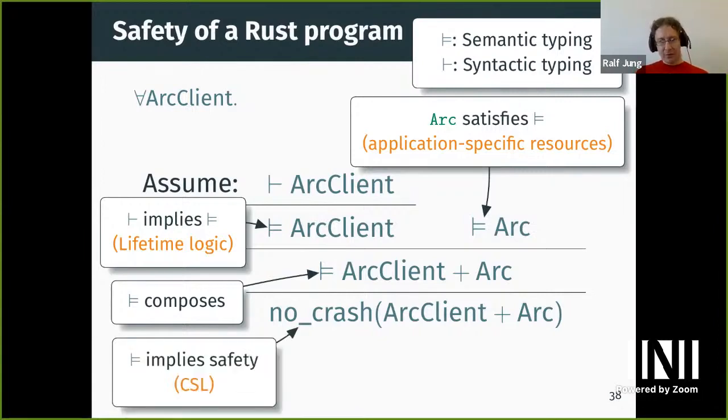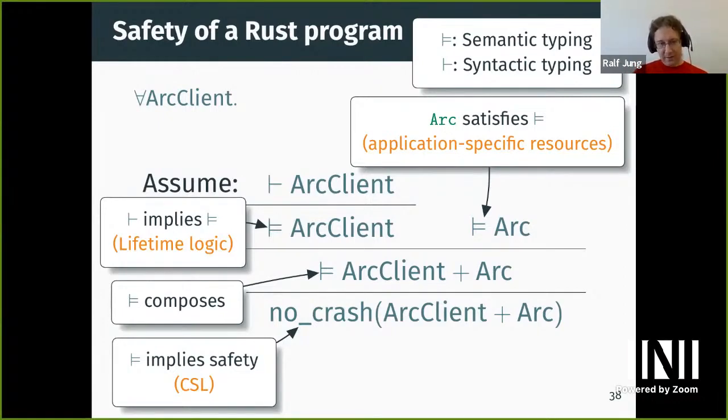And finally, we have to show that the semantic type system is actually type safe, as in it implies that programs execute safely, which is a result that we directly get from Iris being a concurrent separation logic, so it is more than able to show memory safety and thread safety of concurrent programs.